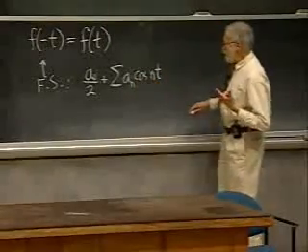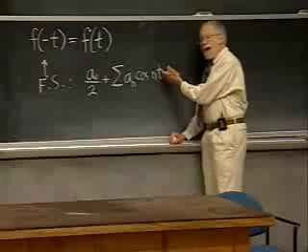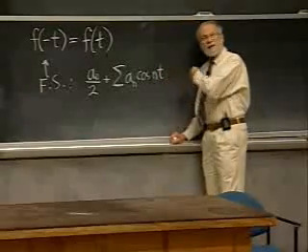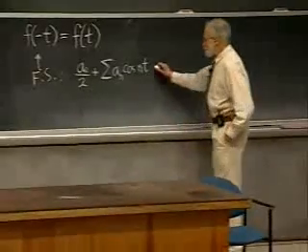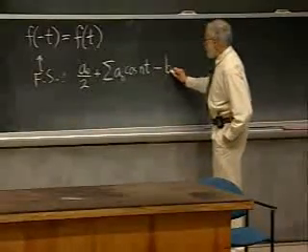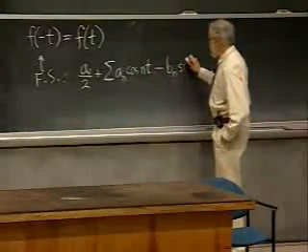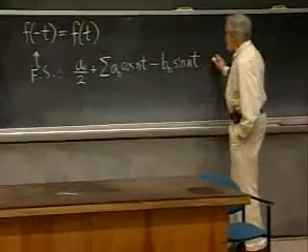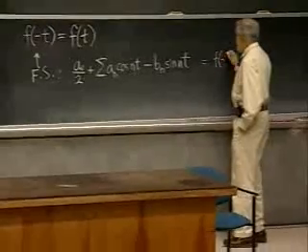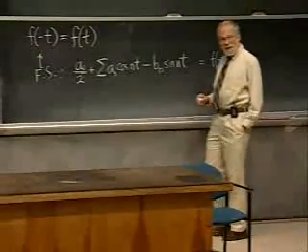What happens to the sine term? Well, the sine of negative nt is equal to minus the sine of nt. So the sine terms change sign. So all that's the result of substituting t for negative t in f of t.